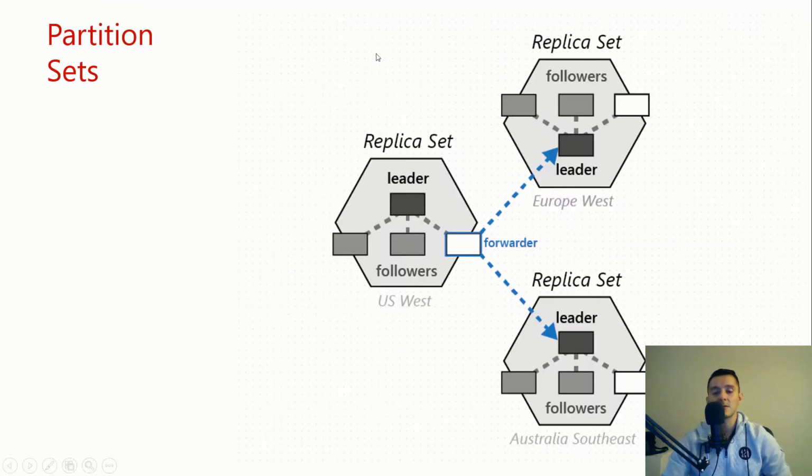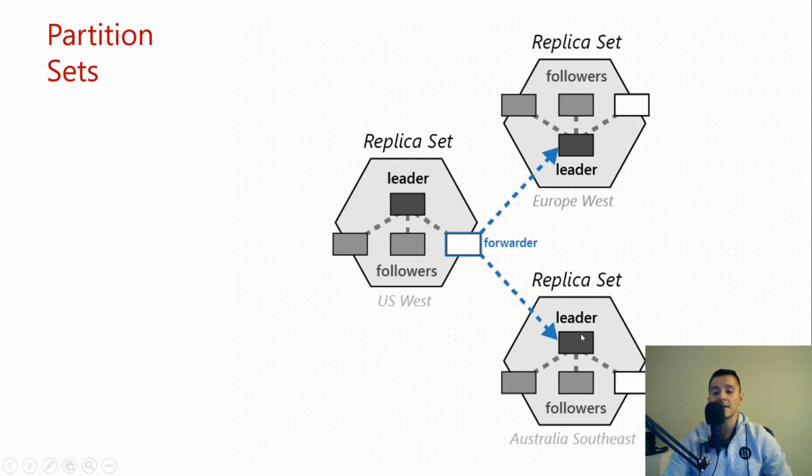Let's see it here. This is what is known as a partition set. In this example, we have Europe West at the top, US West in the middle, and Australia Southeast at the bottom. If there is a change in US West that has to be replicated to Europe West and Australia Southeast, then the forwarder node of that particular replica set is going to take charge of communicating this change to the leader of that replica set in Europe West and the leader of that replica set in Australia Southeast.